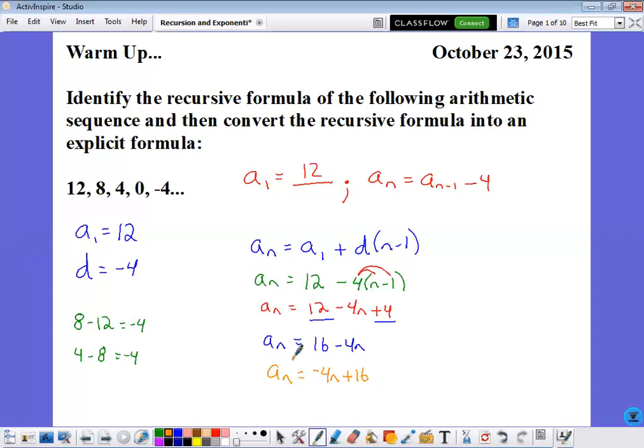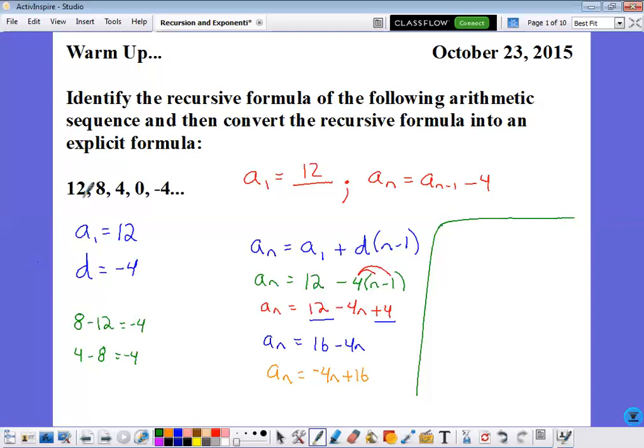So then after we found the recursive formula, we converted to the explicit formula, we were able to then say, well, can I find a specific term number, like the 100th term? And so one thing that I think is important is being able to check your work. One of the things that we can do is use this explicit formula and do a little work check. We already know what the first term is. It's 12.